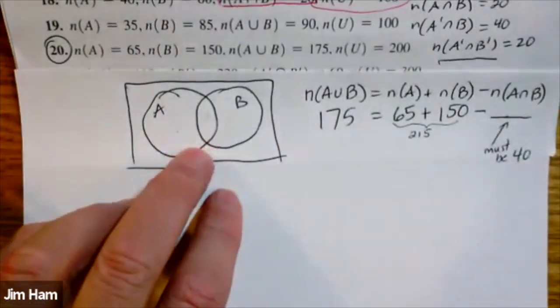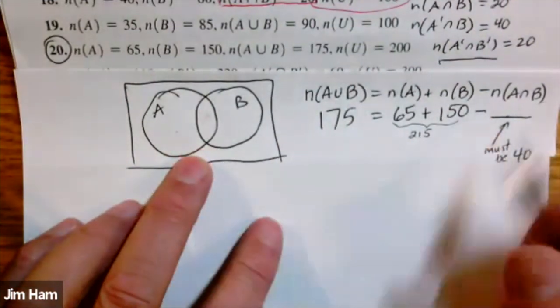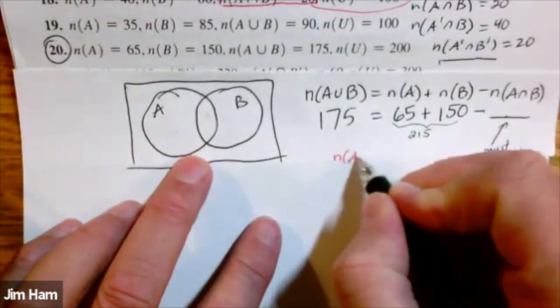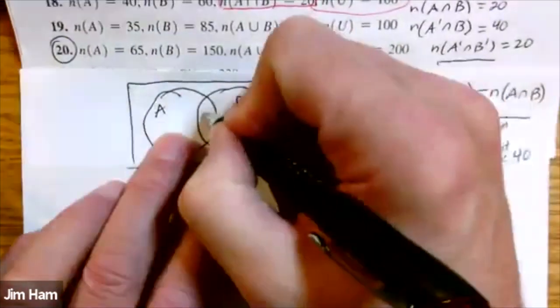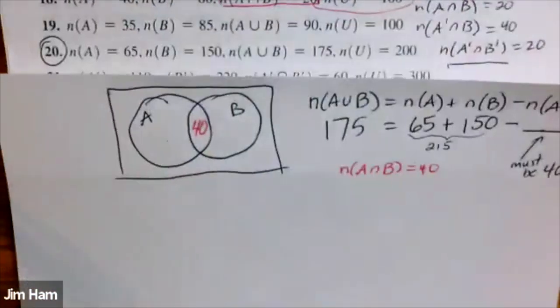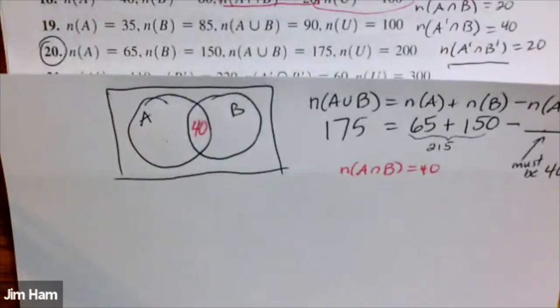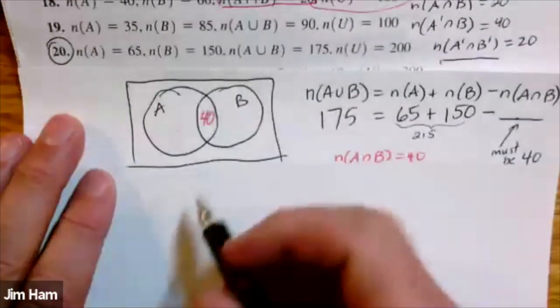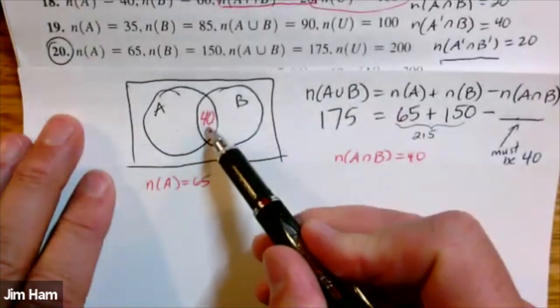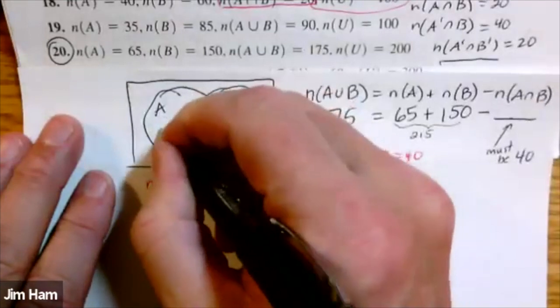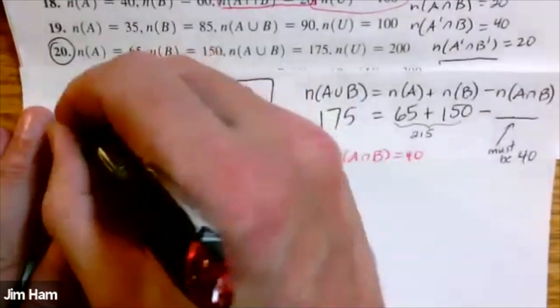Okay, now with that, since the number in A intersect B is equal to 40, then we can put the 40 there and then work backwards from there. So for example, the number in A is 65 and we already have 40 there. So that must mean that this is 25.